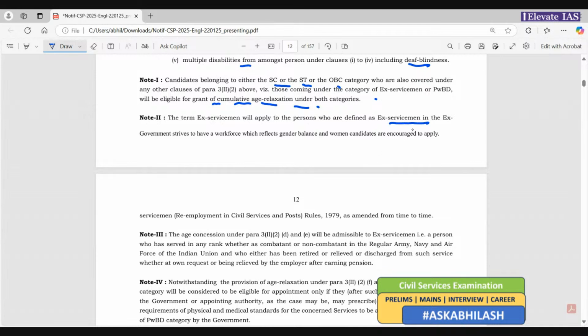The ex-serviceman tag will be defined as per the Re-employment in Civil Services Post Rules 1979.